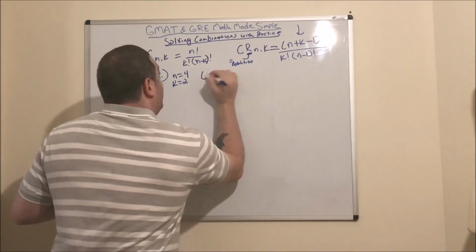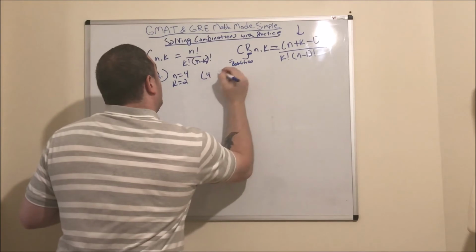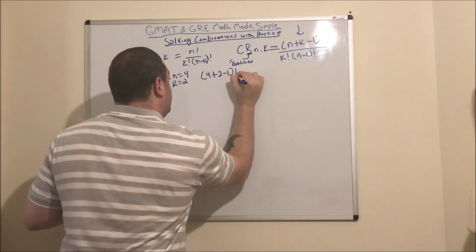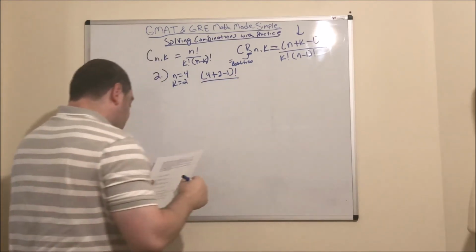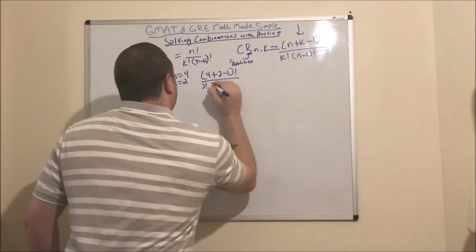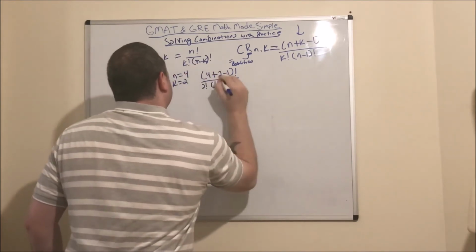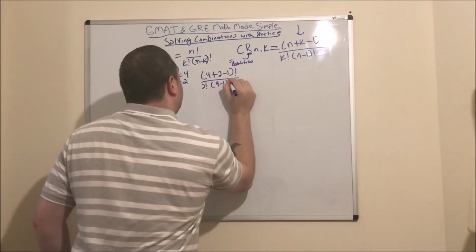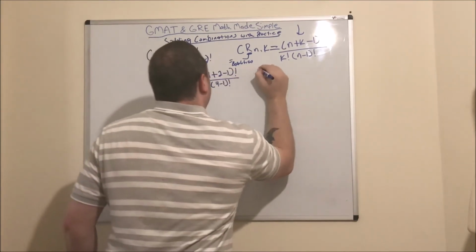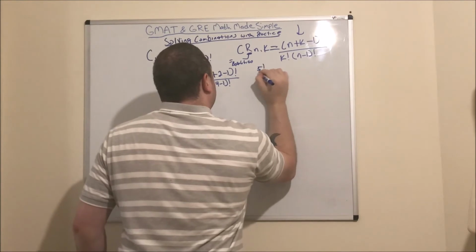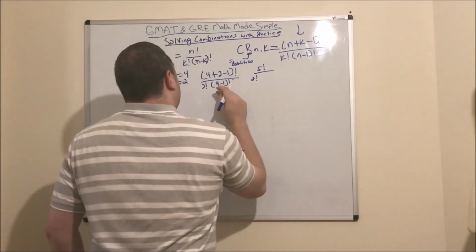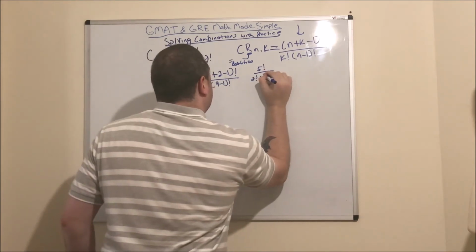We have N, which is 4, plus K, which is 2, minus 1 factorial over K, which is 2 factorial, times N, which is 4, minus 1 factorial. 4 plus 2 is 6, minus 1 is 5 factorial, divided by 2 factorial times 4 minus 1, which is 3 factorial.